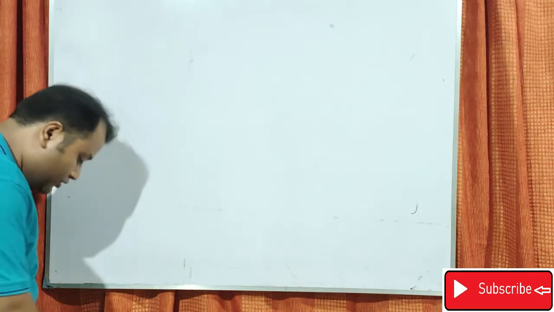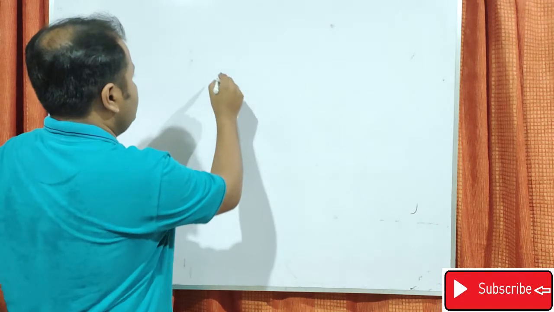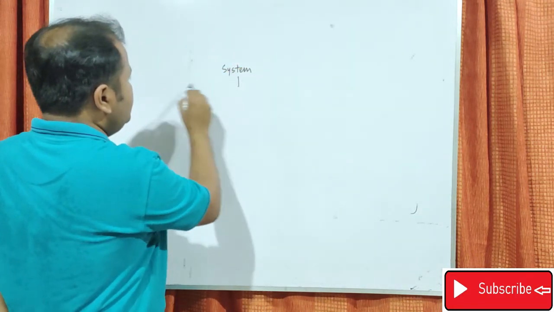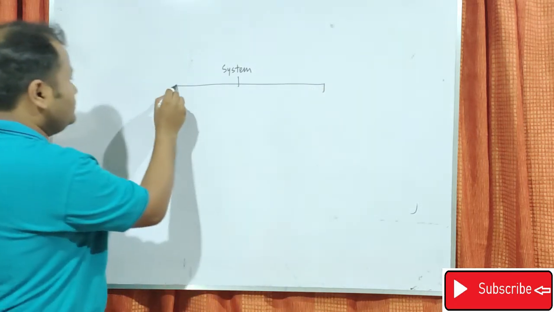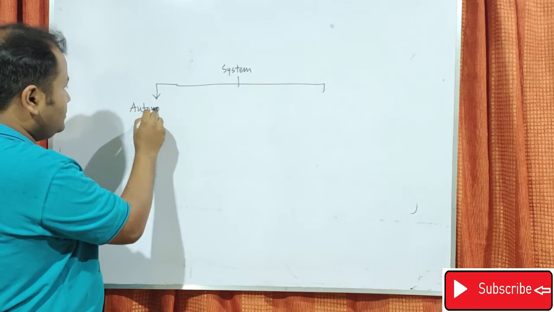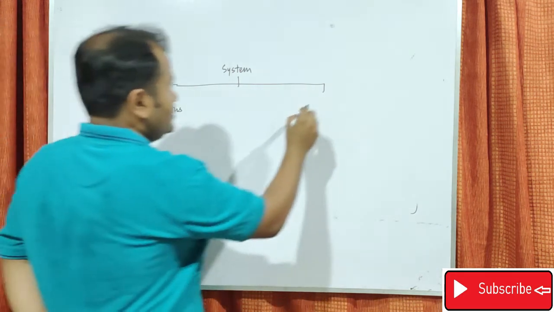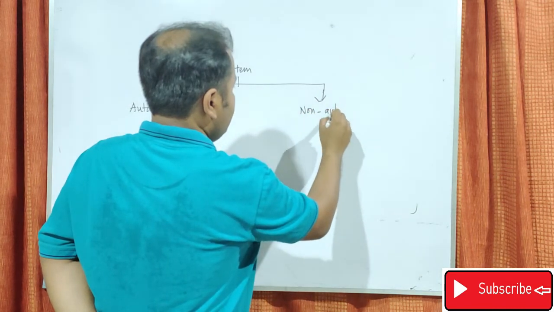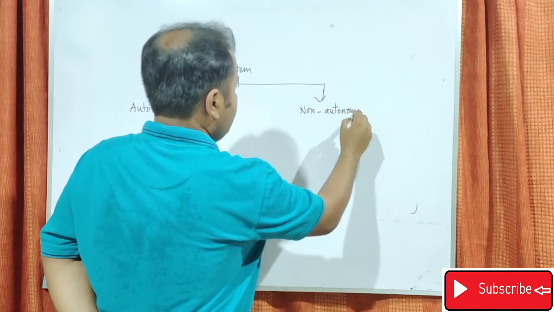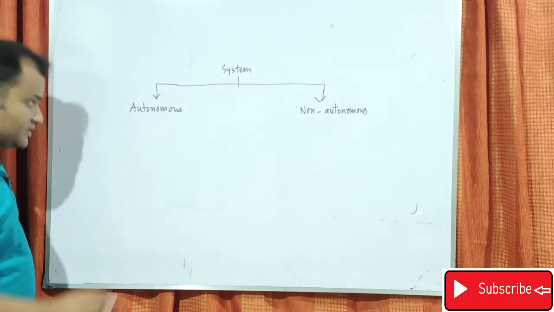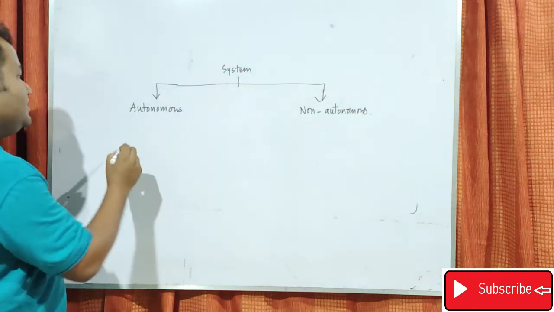so now if I concentrate about the system, there are basically two kinds of systems. One is called autonomous, another is called non-autonomous. So autonomous means, say, let me give one example and try to clear this with example.